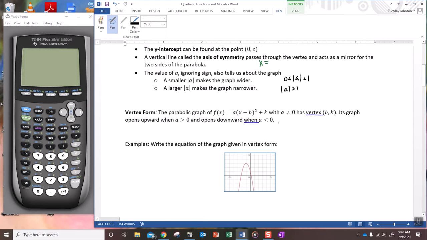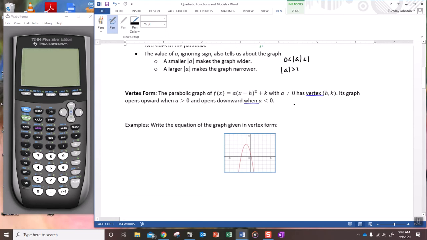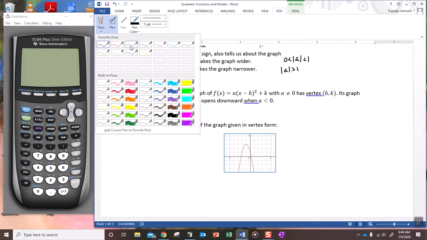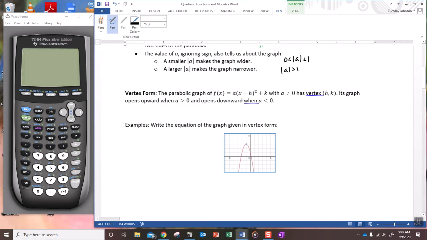So what we can do with this whole idea of the vertex form is we could write the equation of the graph that's given here in vertex form. So what do we need to find? We need to find our vertex. It looks like this point here is the vertex, and that point is at (-1, 3). So I know that h equals -1 and k equals 3, which allows me to substitute.